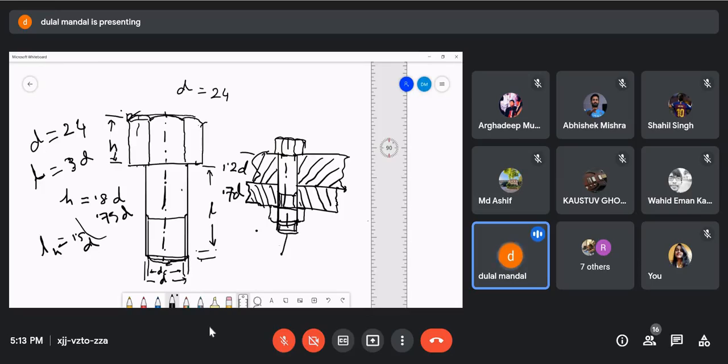So if I consider this height to be a little more, what will happen? Just think as a mechanical engineer. If I increase this length, h could be a little higher, though h is supposedly equal to d, what could happen?